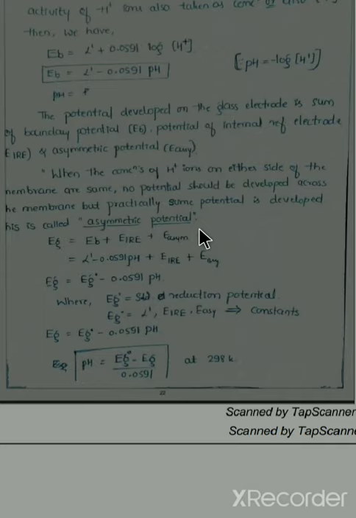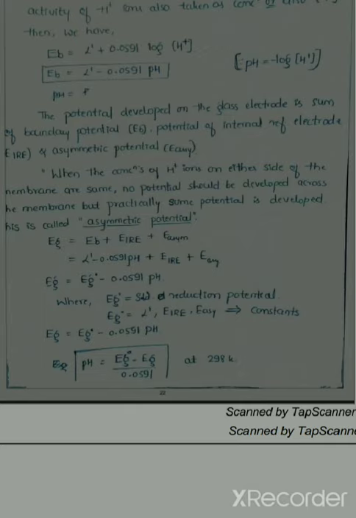The first one we have already studied, that is the boundary potential, EB. The second one is the potential of the internal reference electrode, meaning you are using an Ag/AgCl silver chloride electrode. Due to that, some potential arises. That is the second thing. And the third one is the asymmetric potential.